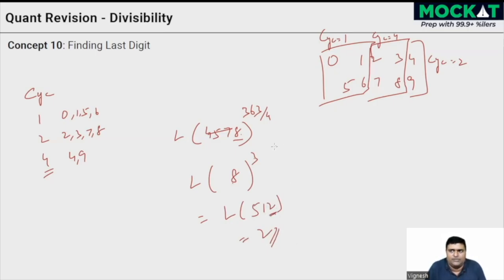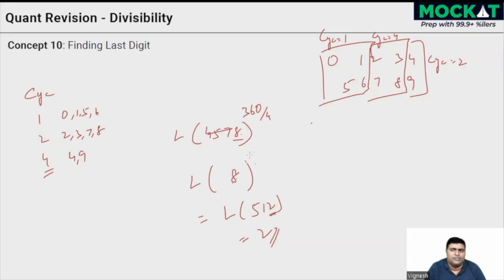If I'm required to find the last digit of, let's say, this would have been 360, the only catch over here is this. What is 360 by 4? The remainder is 0. Can I say 8 power 0 comes to 1? No, that's not allowed. We're using a shortcut with the remainder, but 0 alone is not allowed.